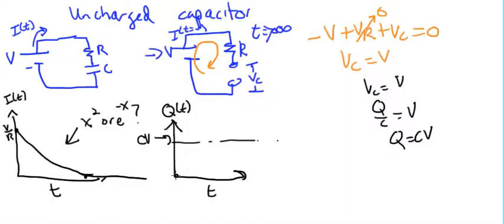It's going to be a smooth, continuous function, so we just go like that. And then the voltage is going to look exactly the same, because you're just going to divide this by C, and it would look exactly the same, but with V. Okay.